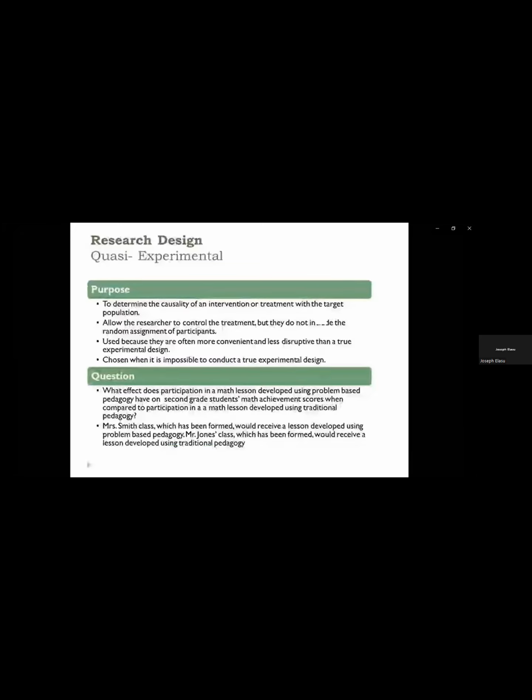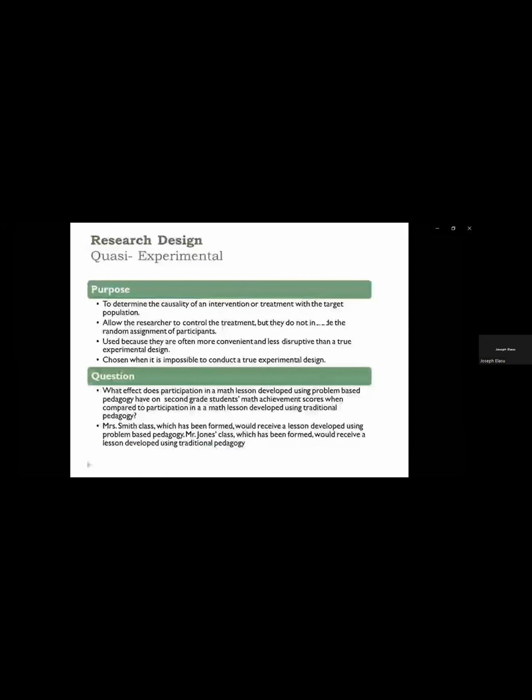It really allows the researcher to control the treatments and look to see if the intervention had an effect on the identified dependent variable. It is the most rigorous design aside from the true experimental design, and often chosen in educational research because it's more convenient and less disruptive. Let's look at an example of that.